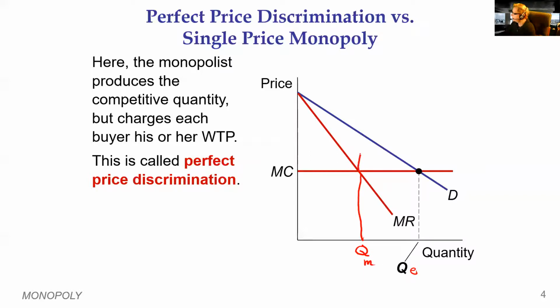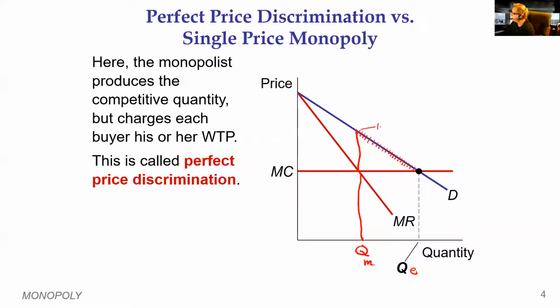What's going to happen is the monopolist is going to charge each individual here according to their willingness to pay. So they're intentionally going to increase output, but when they do, the price will be variable based upon a person's willingness to pay.